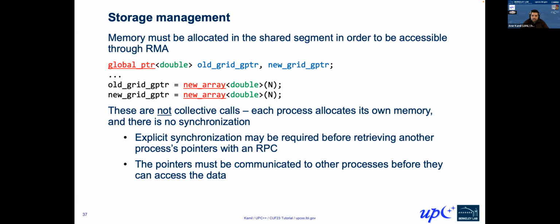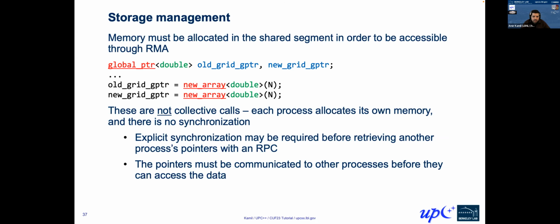We may need some synchronization if we were, say, using RPC to obtain this from a different process, to ensure that it's been allocated. But what we'll see later is a better way of obtaining these pointers from our neighbors, so I'm going to defer that for now. For now, I just want to mention that we need to allocate the grids in shared memory.